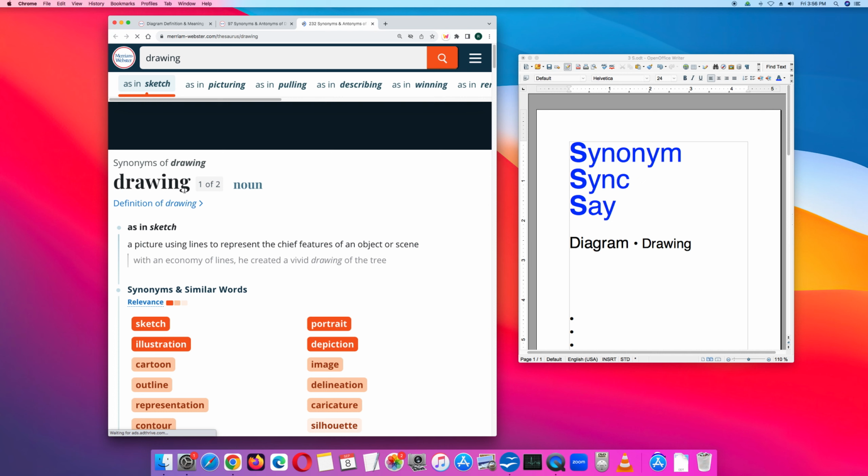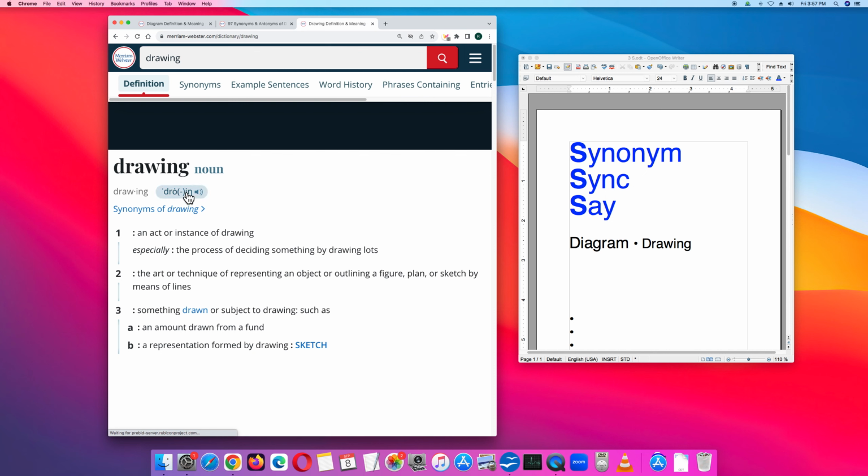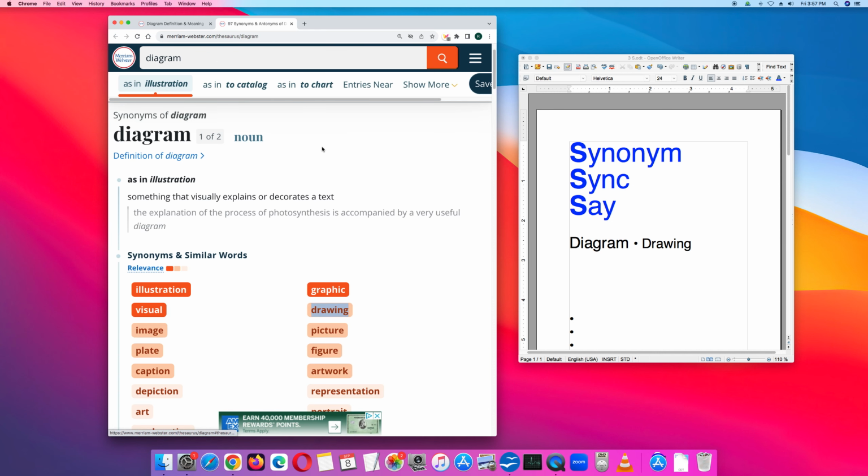To get to the pronunciation, you have to go to the definitions, and then for drawing, you can listen to the pronunciation. Being able to pronounce it is very important.